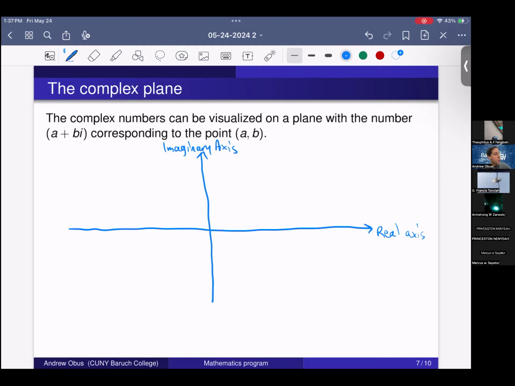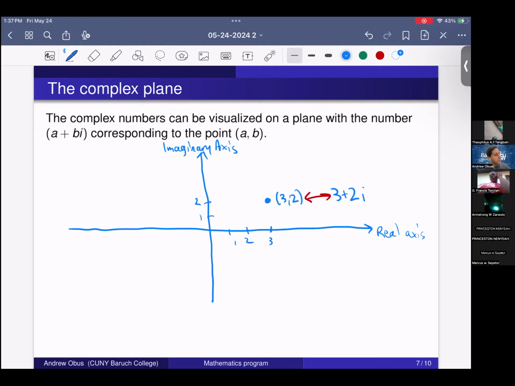Okay, and so the number a plus bi should correspond to the point (a, b). So if I'm looking at 3 plus 2i, 1, 2, 3, 1, 2, then this point over here, the point (3, 2), should correspond to the number 3 plus 2i.